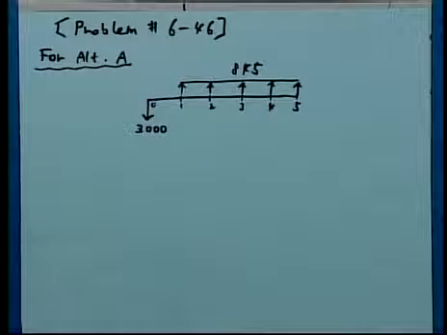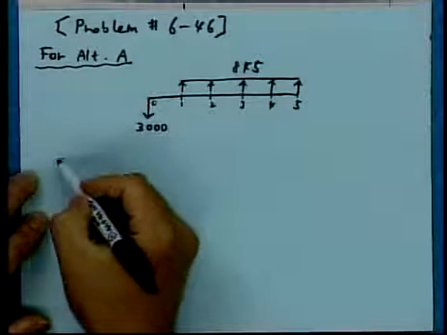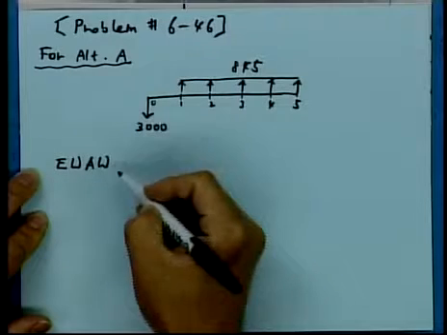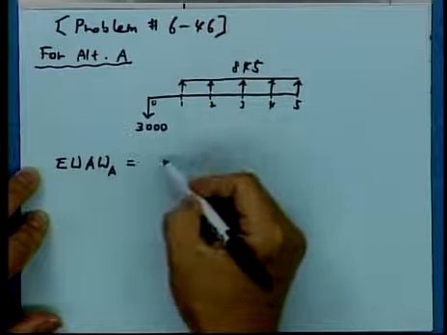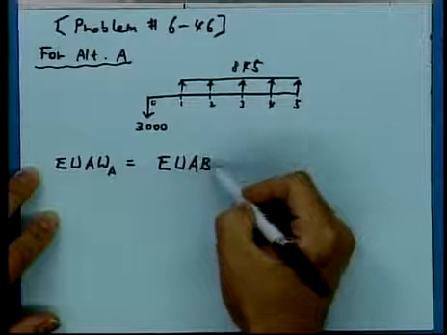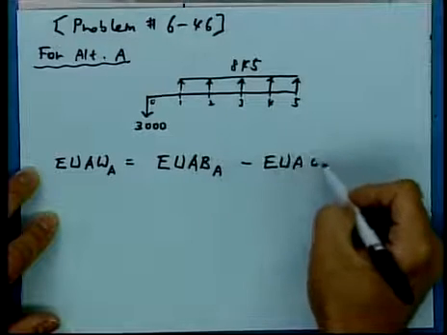So for alternative A, equivalent uniform annual worth is computed by equivalent uniform annual benefit minus equivalent uniform annual cost.